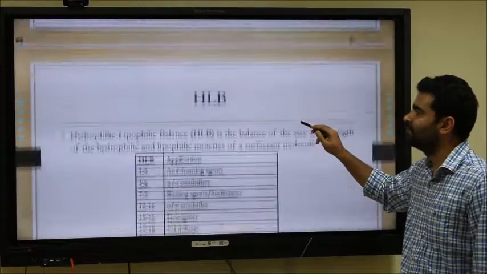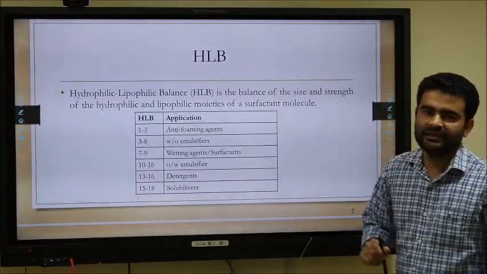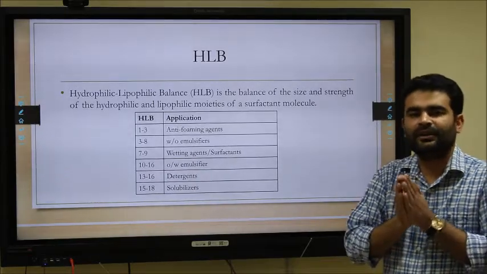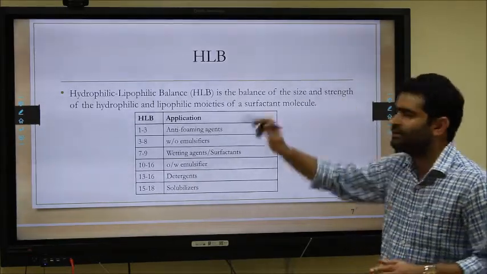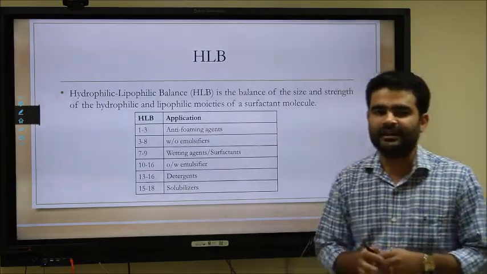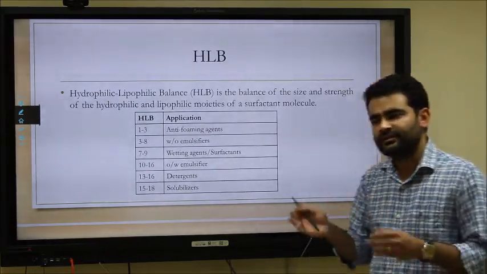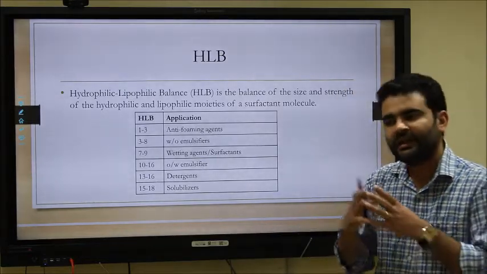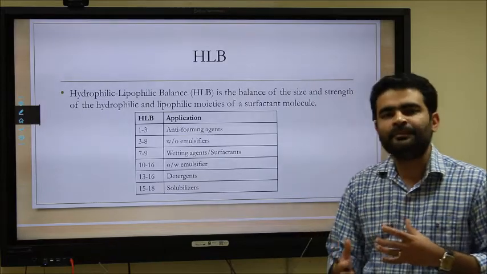So HLB, what is an HLB scale? HLB scale gives the size and strength of the hydrophilic and lipophilic moieties present in an emulsifier. Hydrophilic moieties are generally those substances or elements or atoms which are more water loving. Okay?